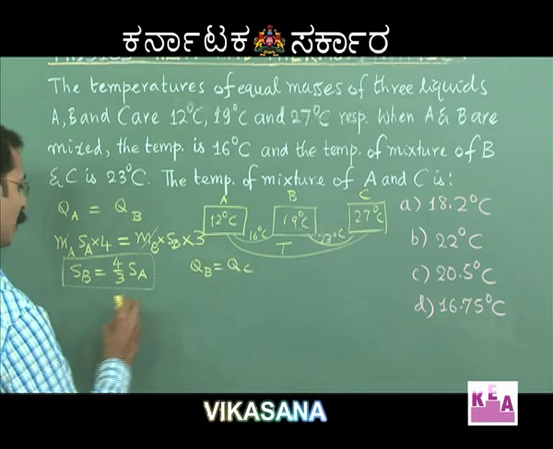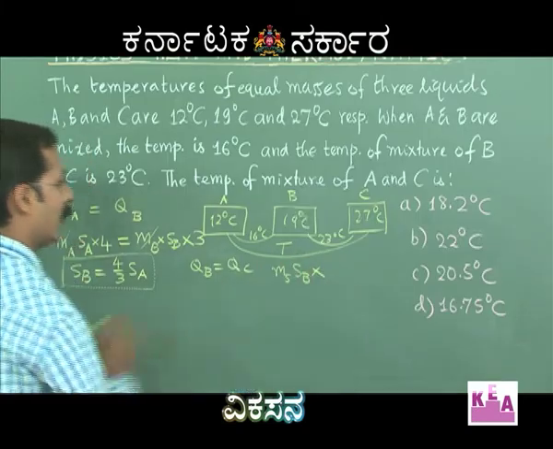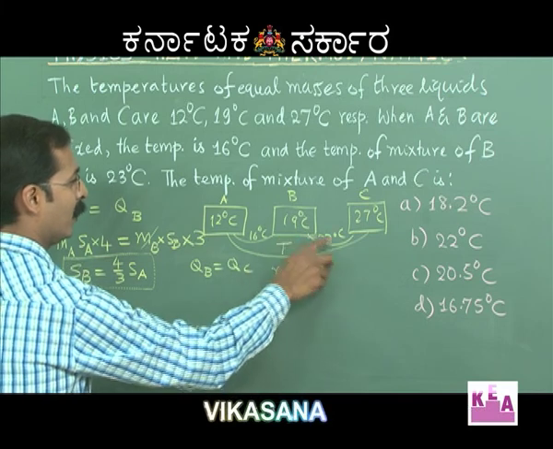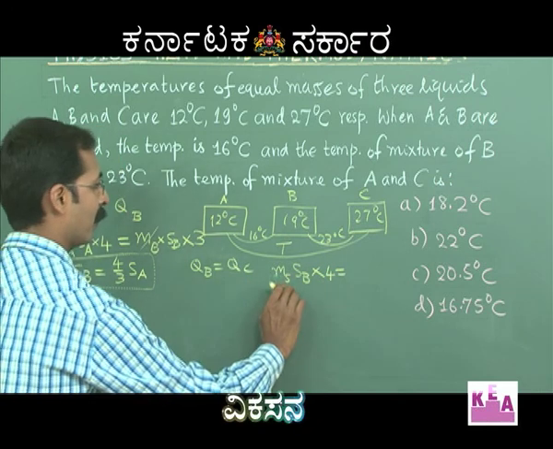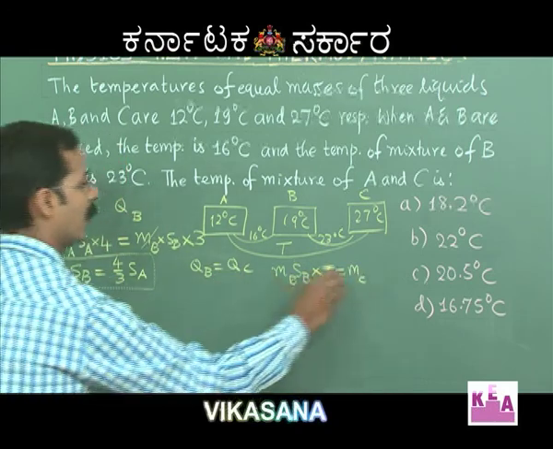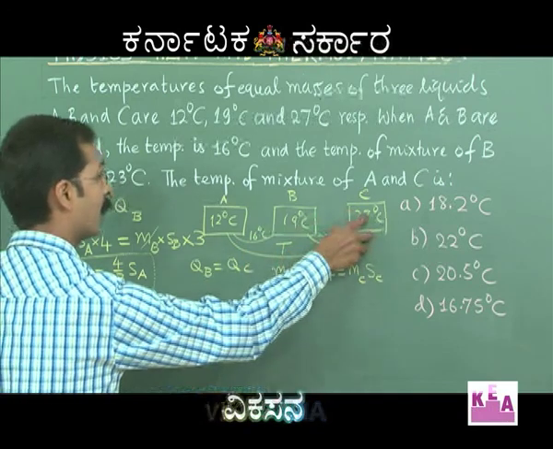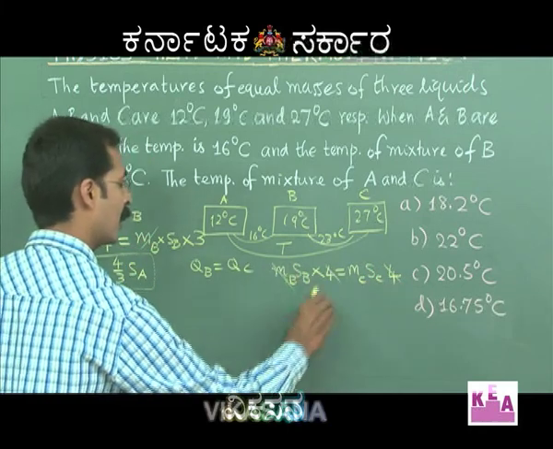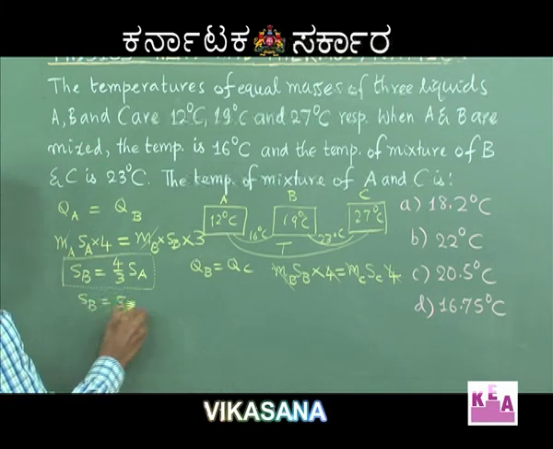Heat gained by B is equal to mass of B into specific heat of B into change in temperature of B. Change in temperature of B is, it's 19 now, 23 later, therefore change in temperature is 4, equal to mass of C, mc, into specific heat of C, Sc, into change in temperature of C, 27 to 23, that's 4. 4 gets cancelled, mc and mb get cancelled because the masses are equal, that gives me Sb is equal to Sc.